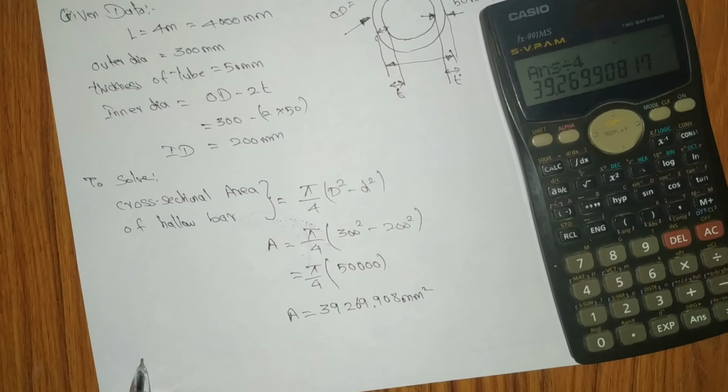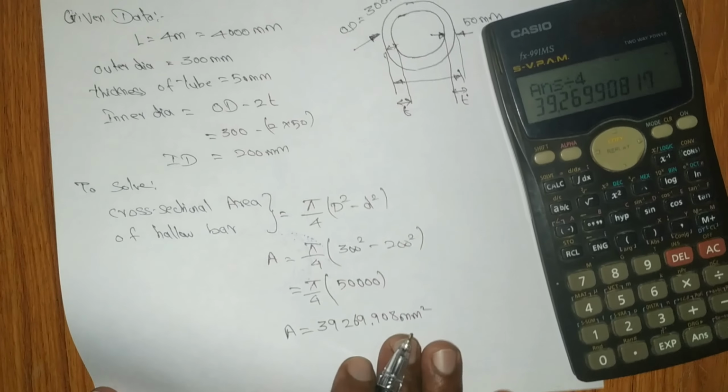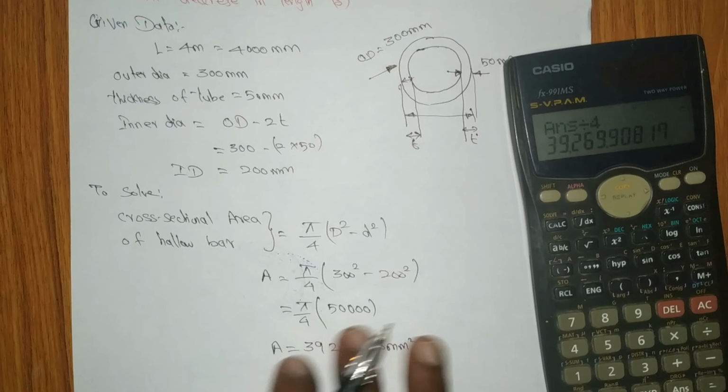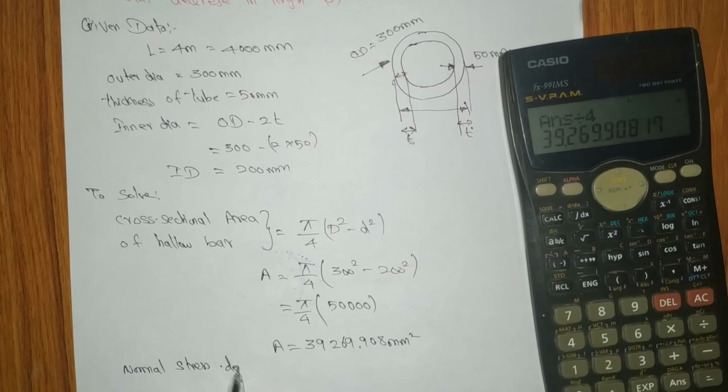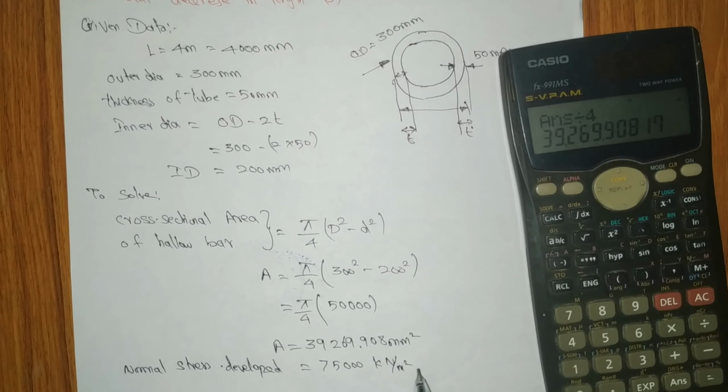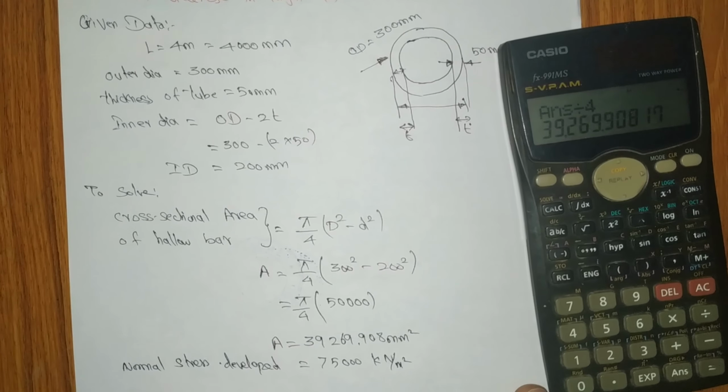Then we'll go for normal stress. Normal stress developed in the hollow shaft. So what is normal stress? The given value is 75,000 kilonewton per meter square. So we will change this in terms of millimeter square.